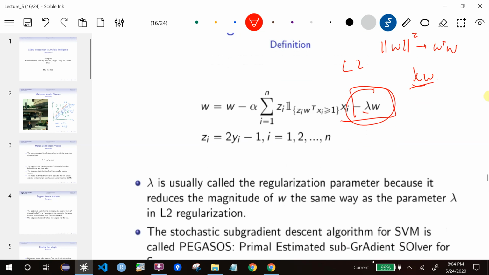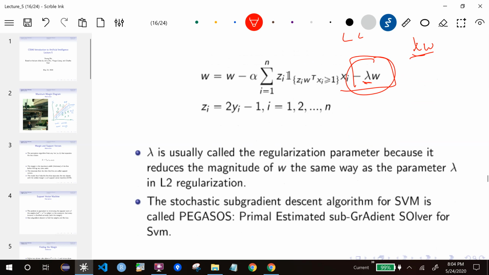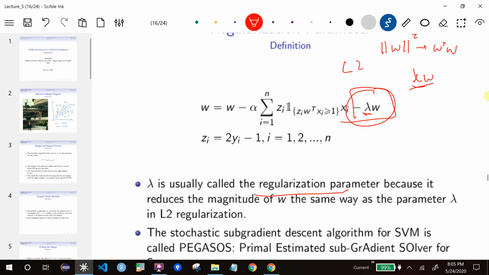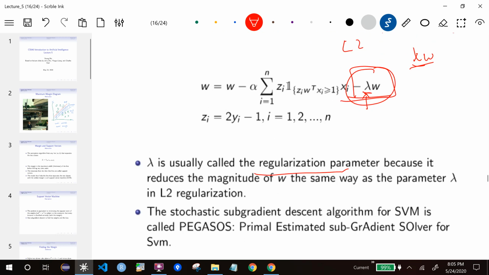So the W here looks like a regularization term, which is why it is called a regularization parameter. It's not actually regularizing anything. It just turns out you have an expression where we're subtracting lambda every time, so it looks like it's regularizing already.